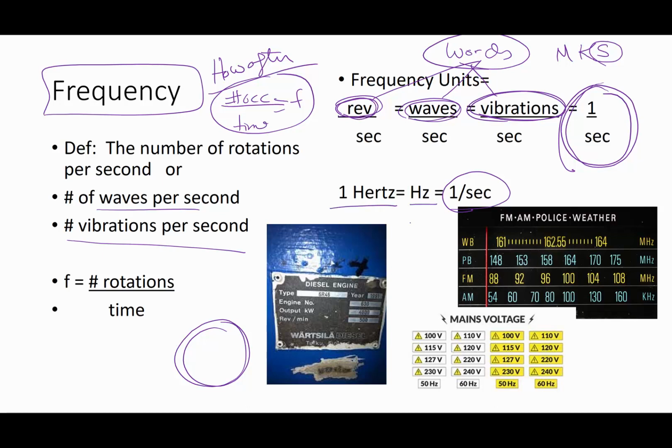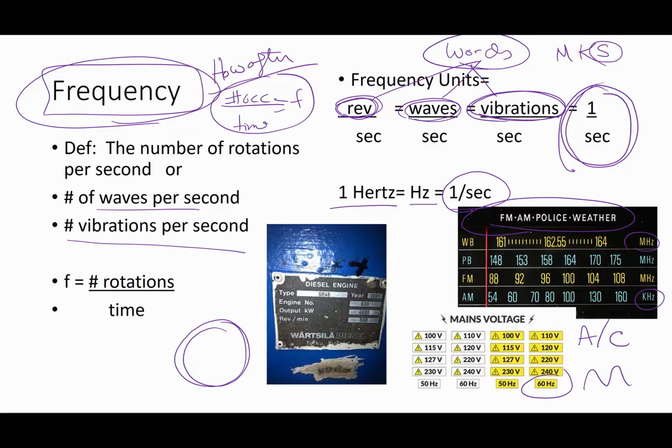And hertz for frequency, you're going to see it in things like, this is a diesel engine. Here is a radio frequency dial, and the different radio bands are megahertz or kilohertz. Alternating current, AC electricity, is 60 hertz in the United States.